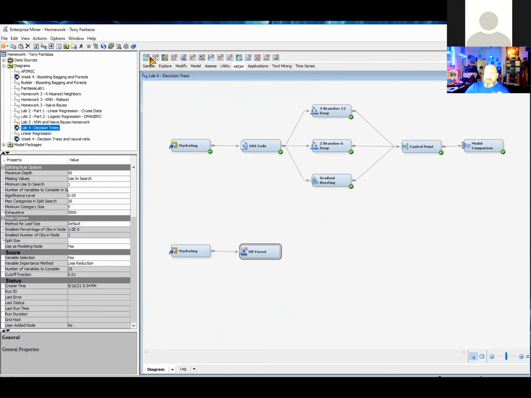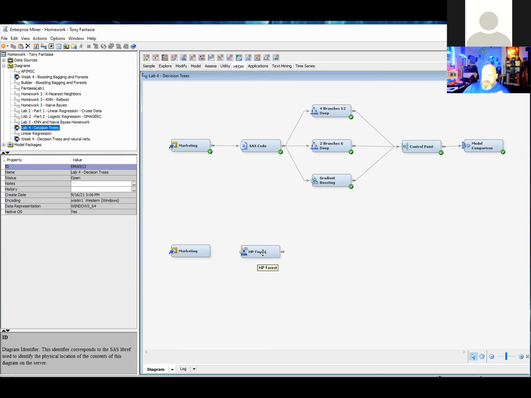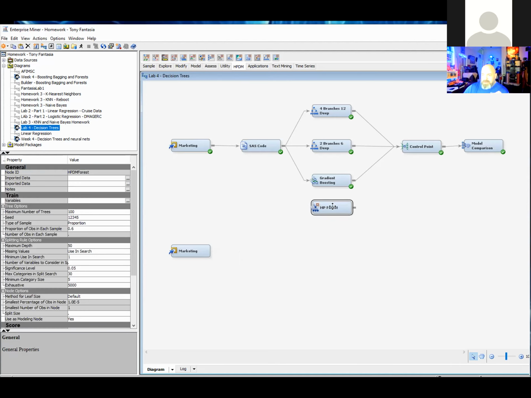I brought in the HP Forest, and I had it connected to that SAS code node.